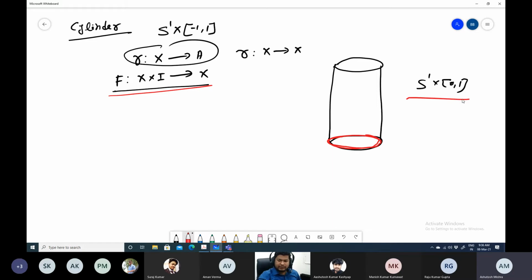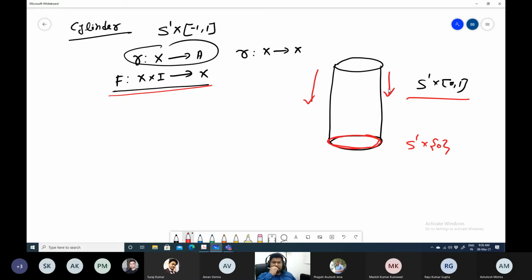If I take this one, S1 cross [0, 1], that means this is just S1 cross 0. Now you want to make a deformation retract of this space. So how will you make it?